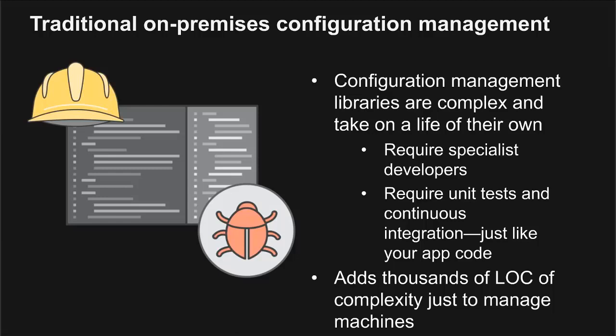Additionally, the actual configuration management systems or libraries are often complex and take on a life of their own, which means that you need specialized developers or DevOps engineers to run these configuration management systems. You also need unit tests and continuous integration, just like you would with your app code, but for your configuration management system. And this ultimately adds thousands of lines of code and complexity just to manage your actual machines or virtual machines.